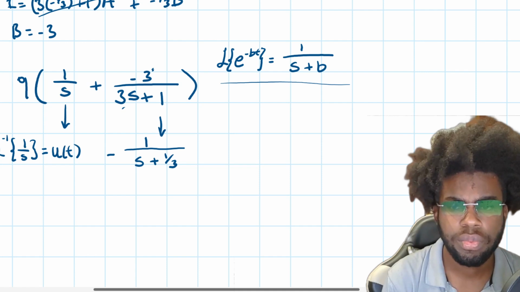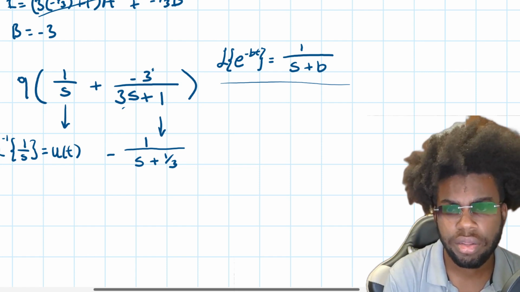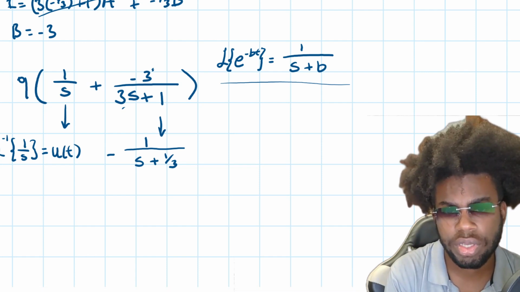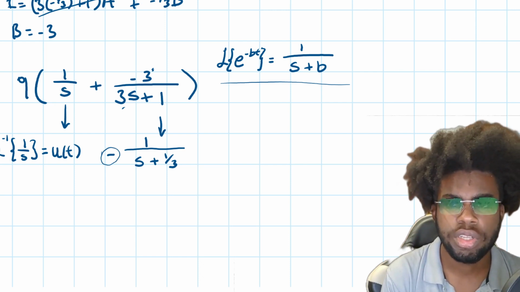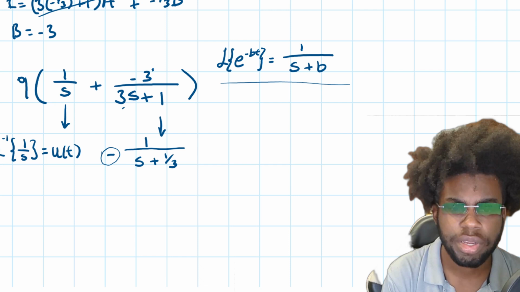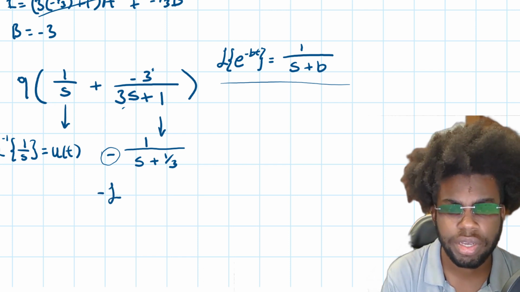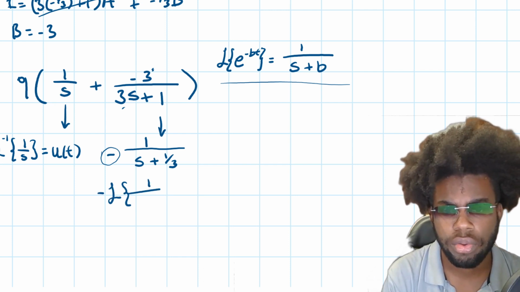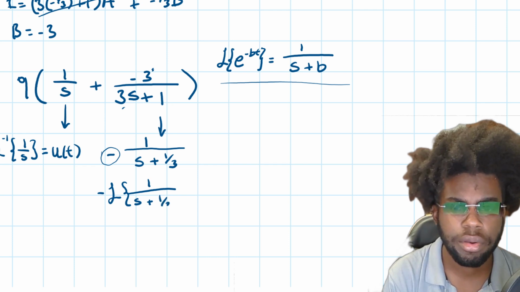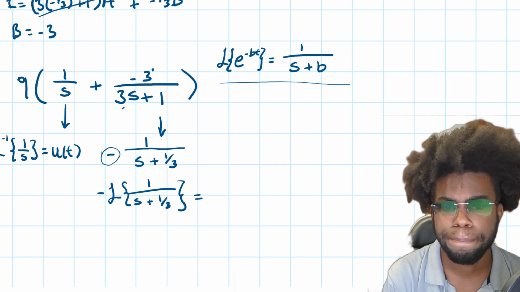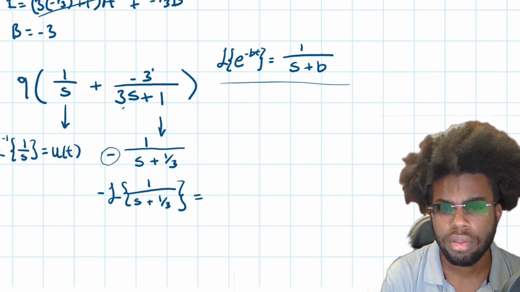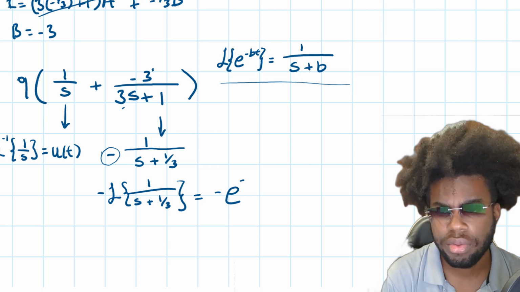Because the Laplace transform is just an integration, we're free to move this negative sign out. This would lead us to negative the Laplace transform of 1 over s plus a third being equal to negative e to the minus a third t.